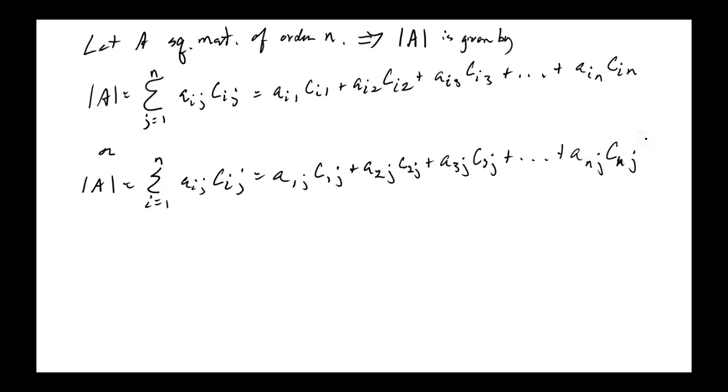Okay? This is just a pick a column, any column, the jth column, and then sum up your ith entry in that jth column. The first entry multiplied by the cofactor of that. Now, do you have to go through and call it a cofactor? No, you just do the math, okay?